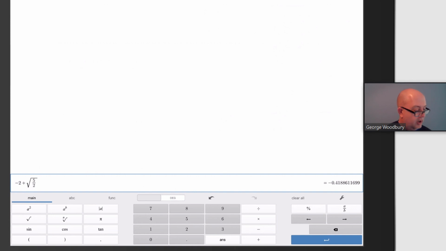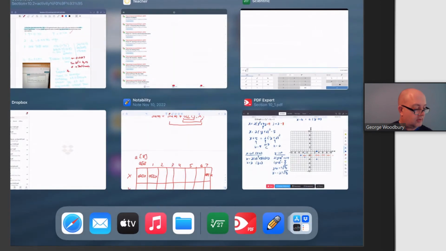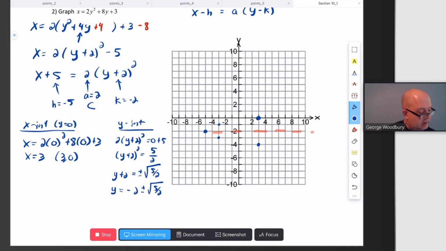If I change the plus in front of the square root to a minus, now I've got -3.6. So I've got approximations for both of those y-intercepts, -0.4 and -3.6. -0.4 would be about here, -3.6 about here.